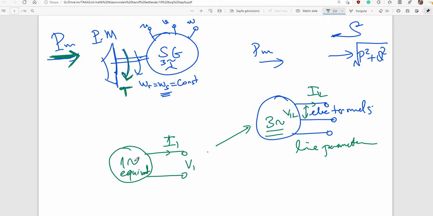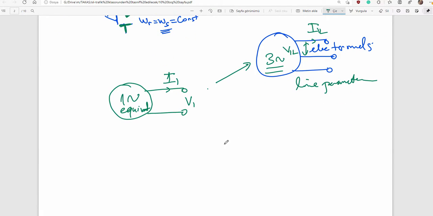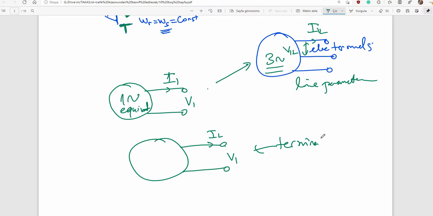Inside 1 phase, excuse me, I can show you like this. Here's the box. In the box, or across the box, you observe such a voltage and such a current at the terminals.